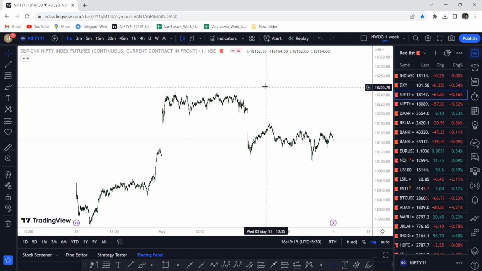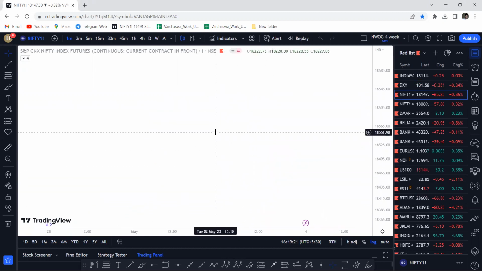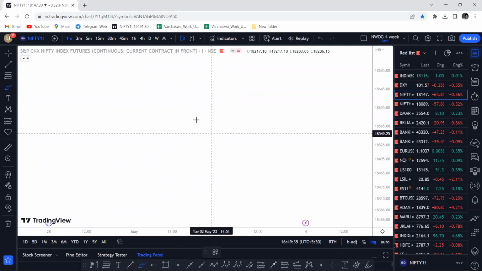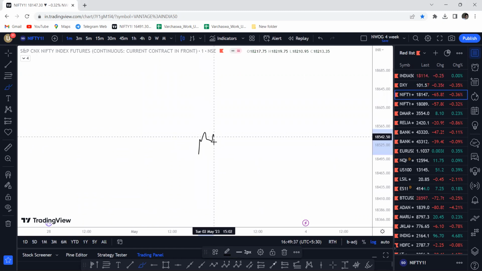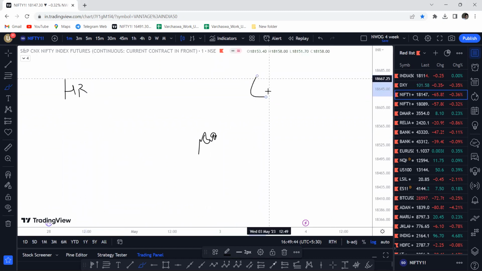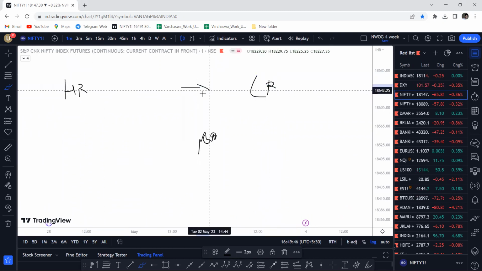I'm going to share some insights about how to identify high probability trading conditions and high probability areas where VCP will work extremely well. When you go on to the charts, the problem is that everybody is looking for the pattern right here, but there are conditions of high resistance and low resistance which one needs to understand.